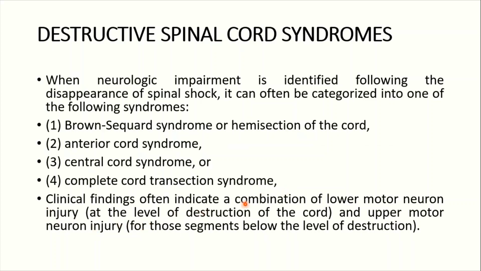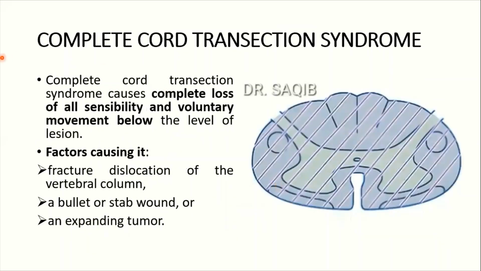Clinical findings often indicate a combination of lower motor neuron injury at the level of destruction of the cord and upper motor neuron injury for those segments below the level of destruction. Complete cord transection syndrome causes complete loss of all sensibility and voluntary movements below the level of the lesion.